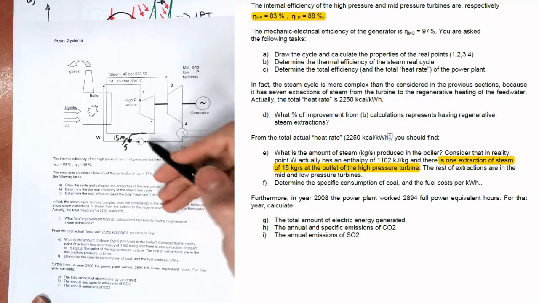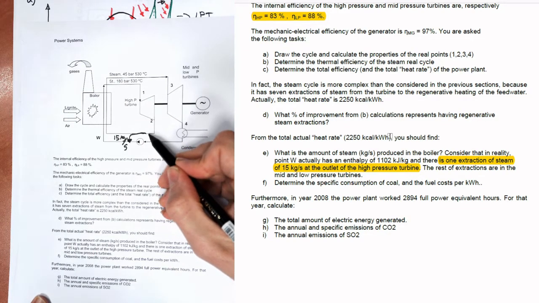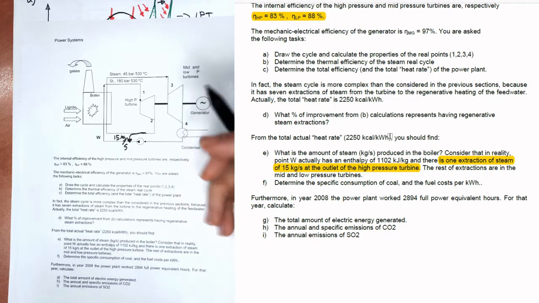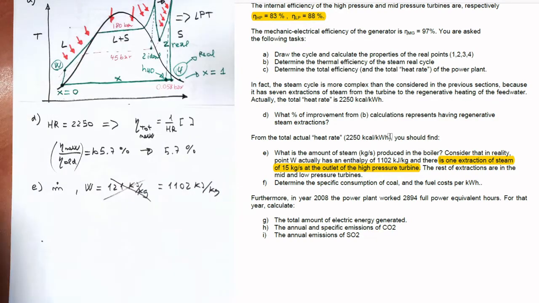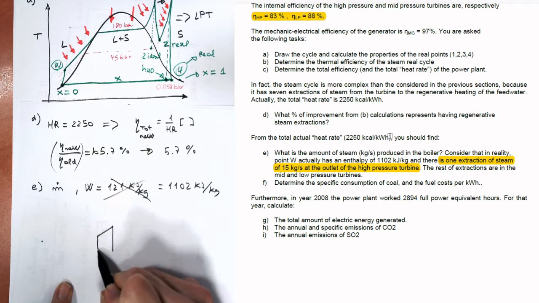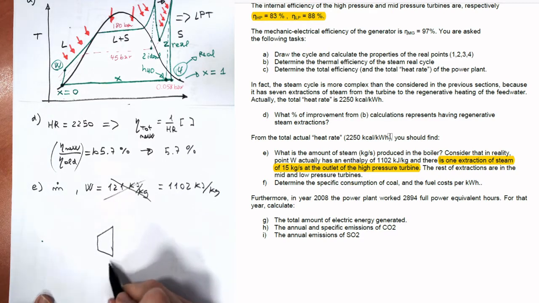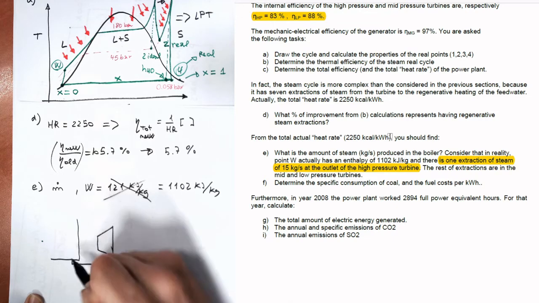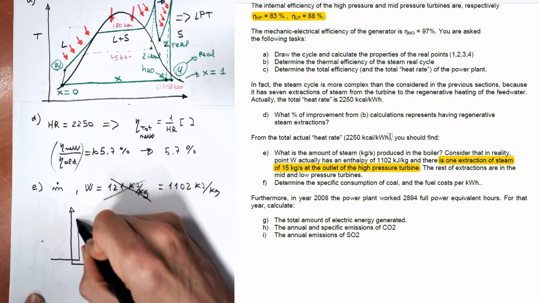Okay, the first thing that you need to say is that it's not possible. We cannot mix steam at 45 bar with liquid water at 180 bar. We need to pump it, so that's not possible. So let me draw how this process is going to be in reality. See, so we have the turbine. This is point number 2. In principle, it was going through the boiler.